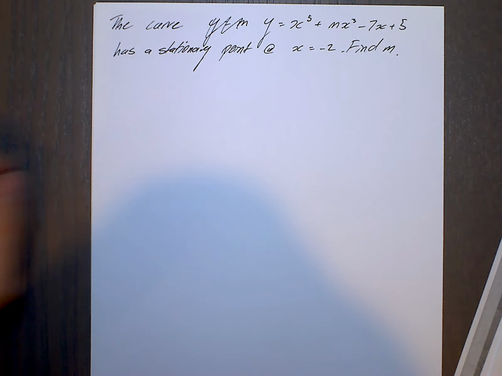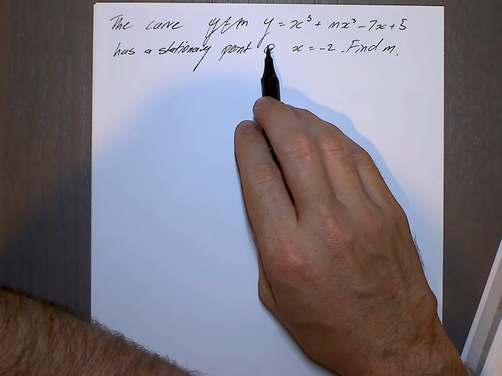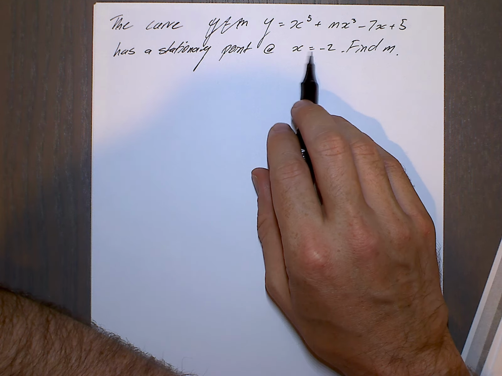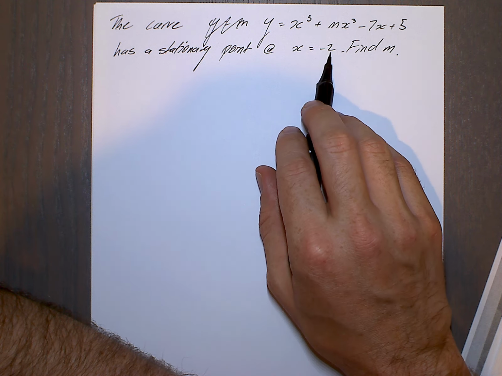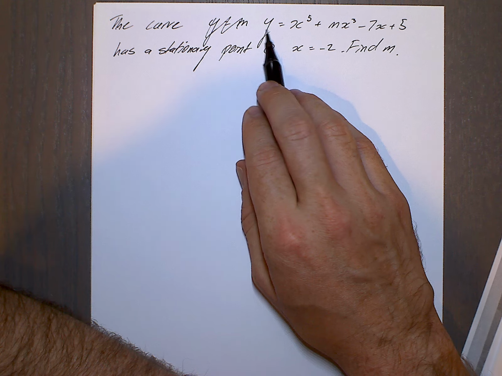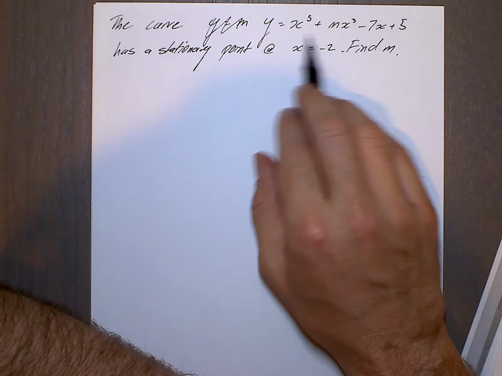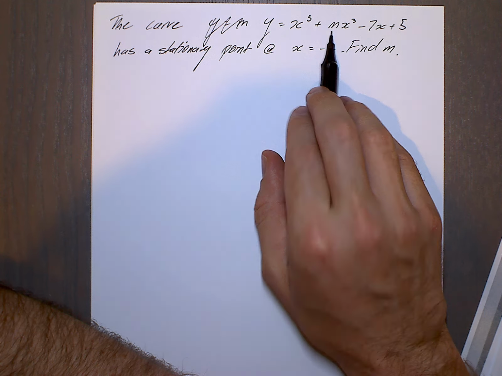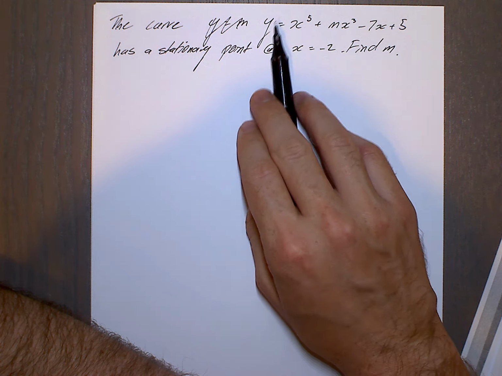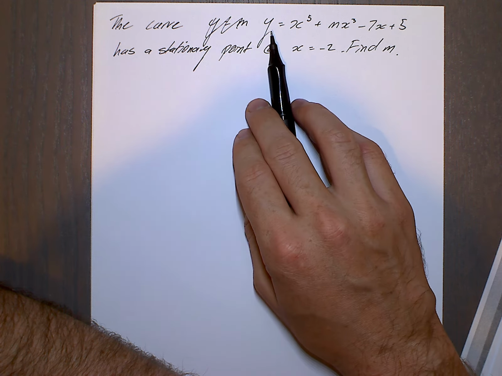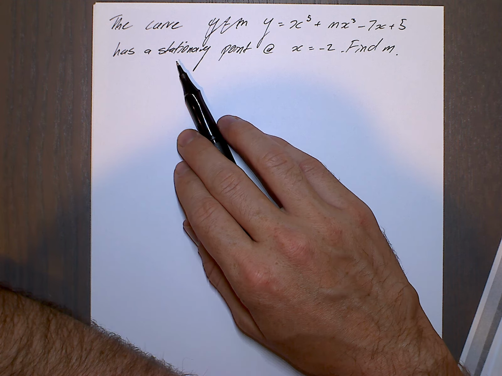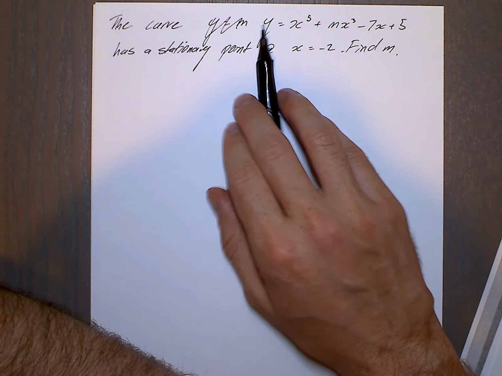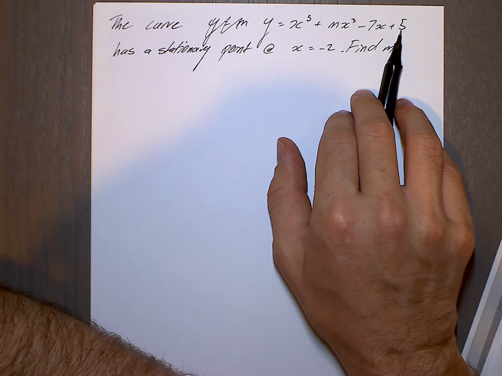So, I'm just kind of curious. If x equals negative 2, I can find my y value, but I don't know if I really want to. Okay, so if I differentiate this, and our stationary point should equal 0, this should equal 0, and I'll have something of this differentiated.